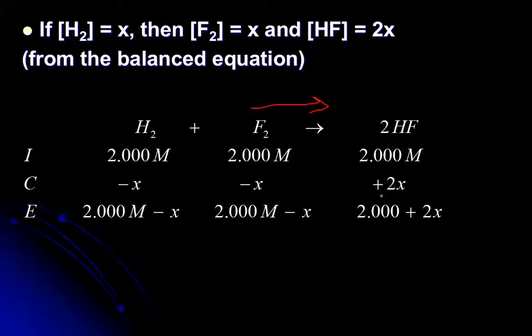Then our sign here should be positive because we're making products. These should be negative because we're consuming reactants, so these are going to go down. And then you simply add top to bottom on each of these. And so here are the equilibrium values. I know they're not an actual quantity, but they are what we will plug into our equilibrium expression.